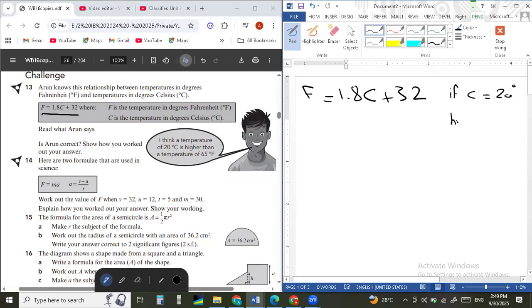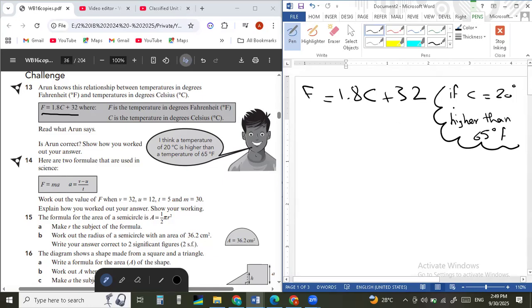So he's saying that it is higher than 65 F. So they want you to show if Aaron is correct, show how you worked out your answer.